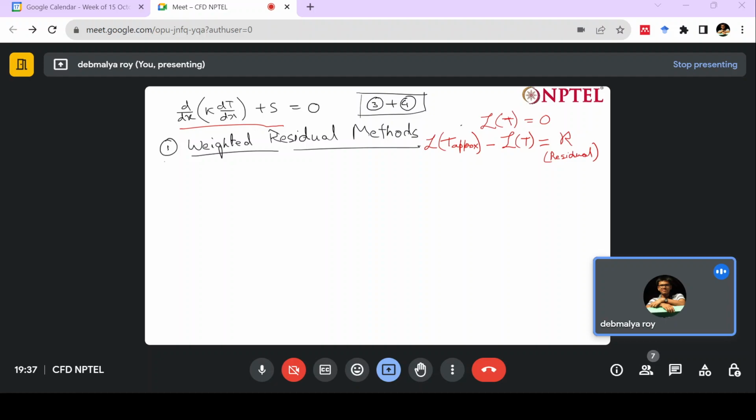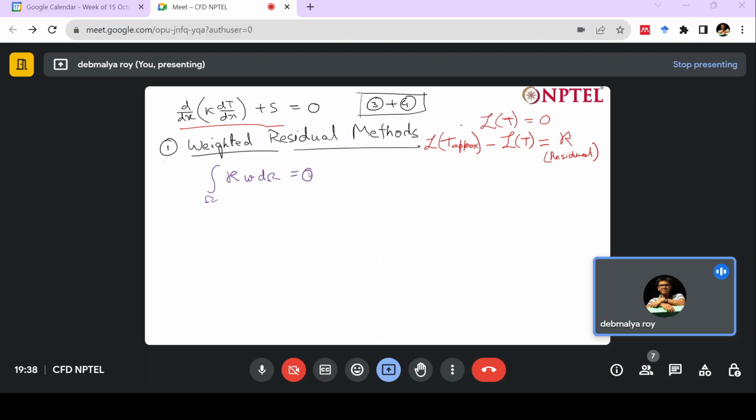Now this residual is minimized over a domain. So the weighted residual method is simply: we take this residual and integrate it over the whole domain. Let's say omega is the domain. This is a very symbolic notation that I am using. And we take a weight W in this, and this should be equal to 0.